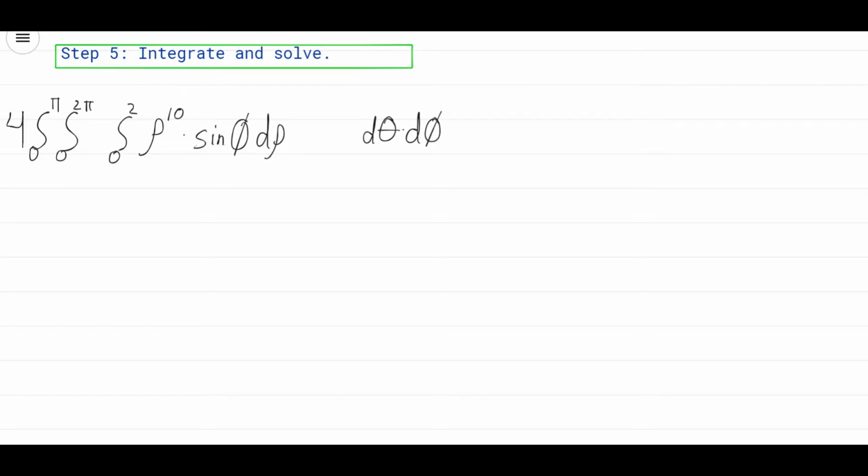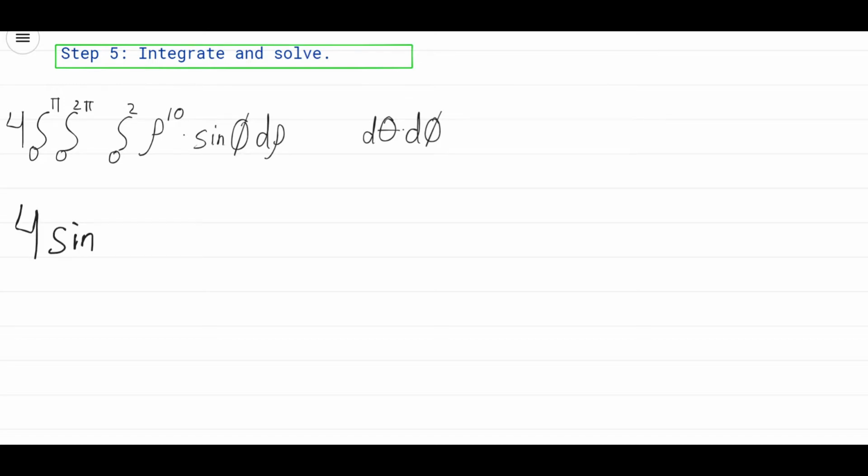So know that we're integrating with respect to rho, so do not integrate with respect to phi or theta. And if you know how to do triple or double integrals, you by now should know how to do this. So basically what we're doing is we're going to integrate with respect to rho and then just plug in the bounds.